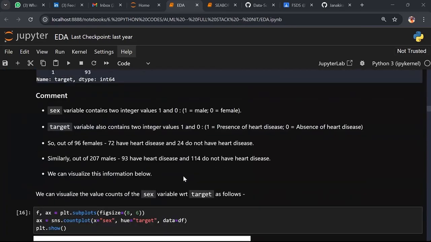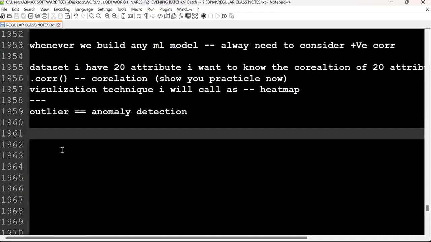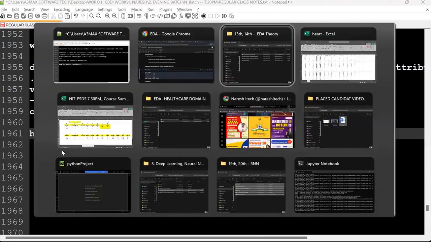Next analysis, let's apply a group by. So I introduce a new concept, how to apply dot group by functions in the code. So here, what is meant by group by? Let's check.